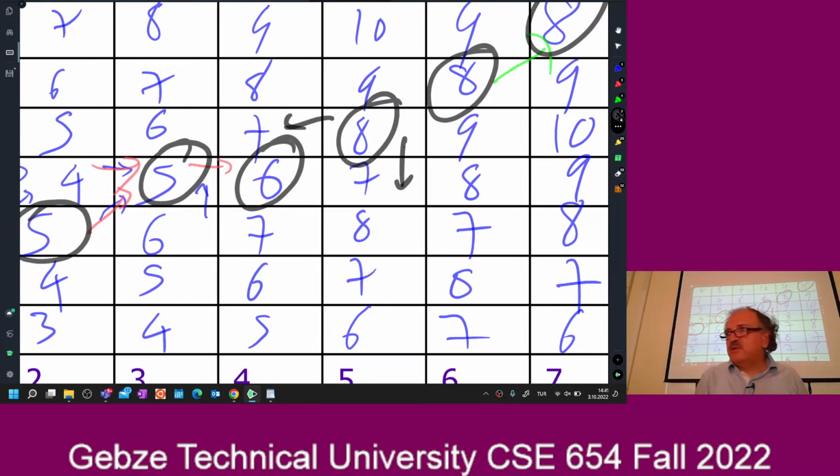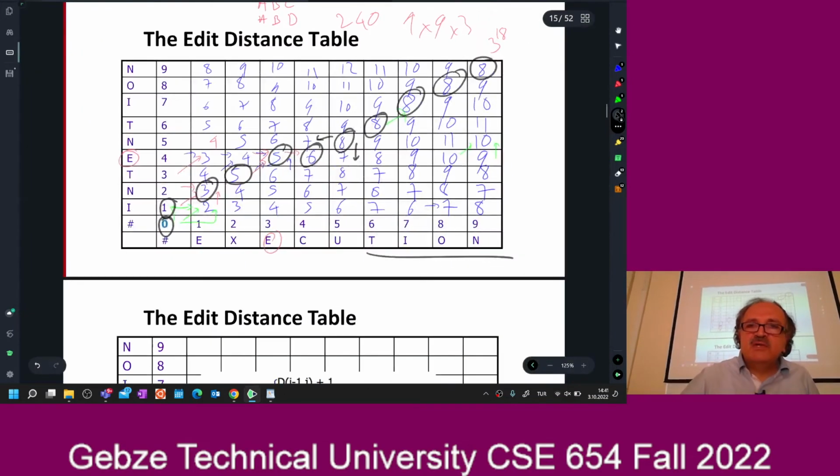Either substitute or insert delete, right? They would be the same thing. So this table doesn't tell me which unique path to follow, but it tells you I am going to give you many paths, and they will all lead to the minimum edit distance of 8. Choose whatever you want. Okay?